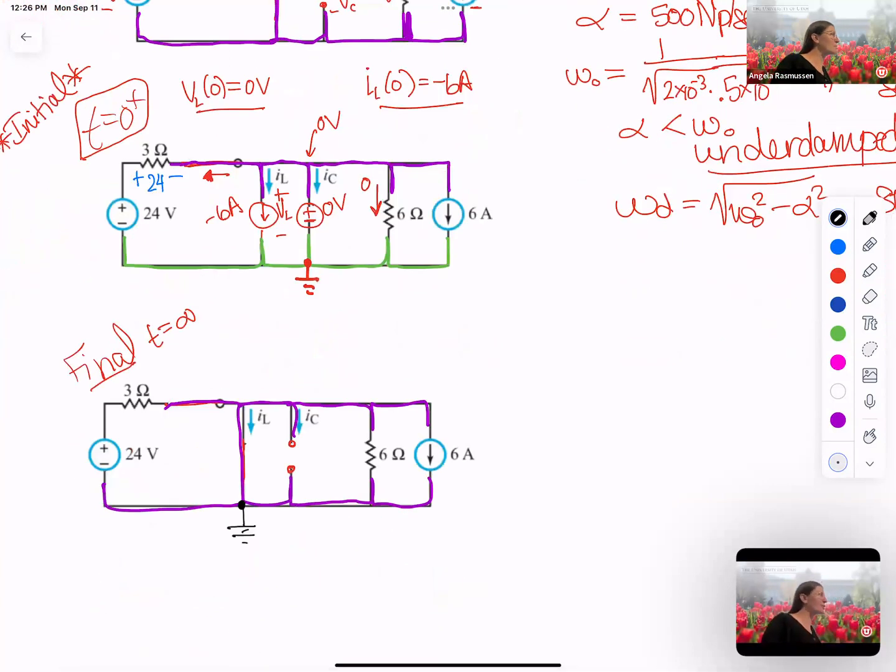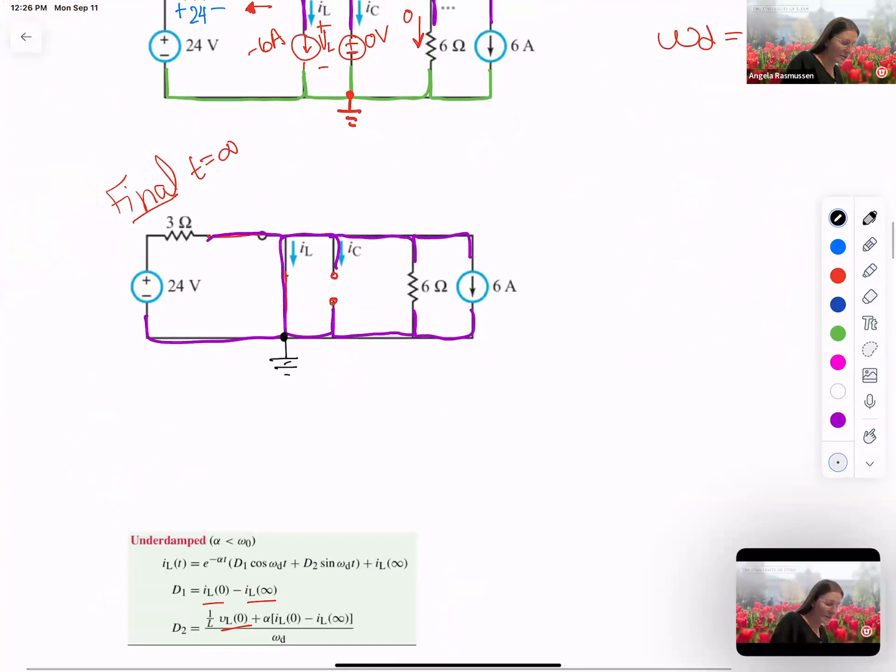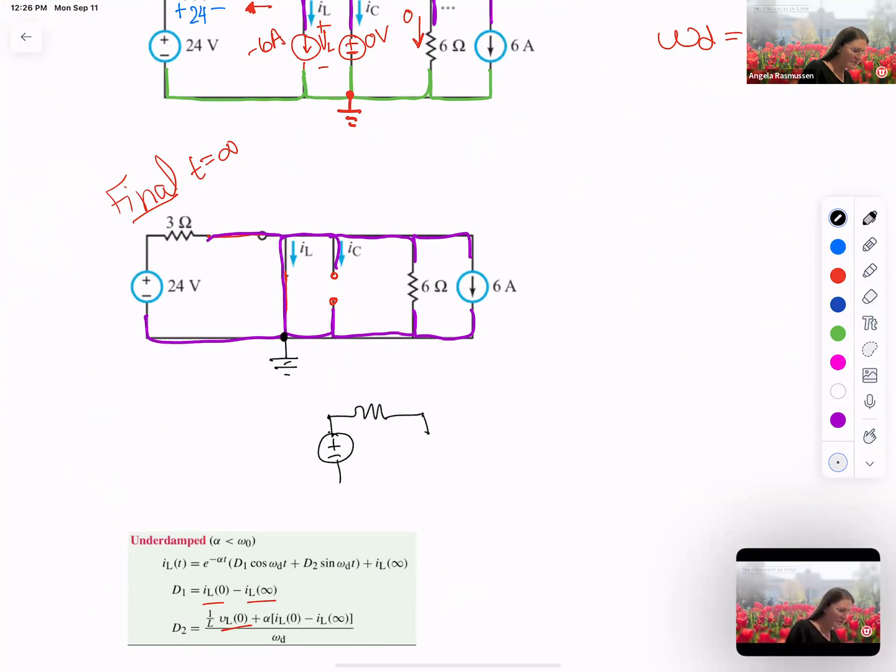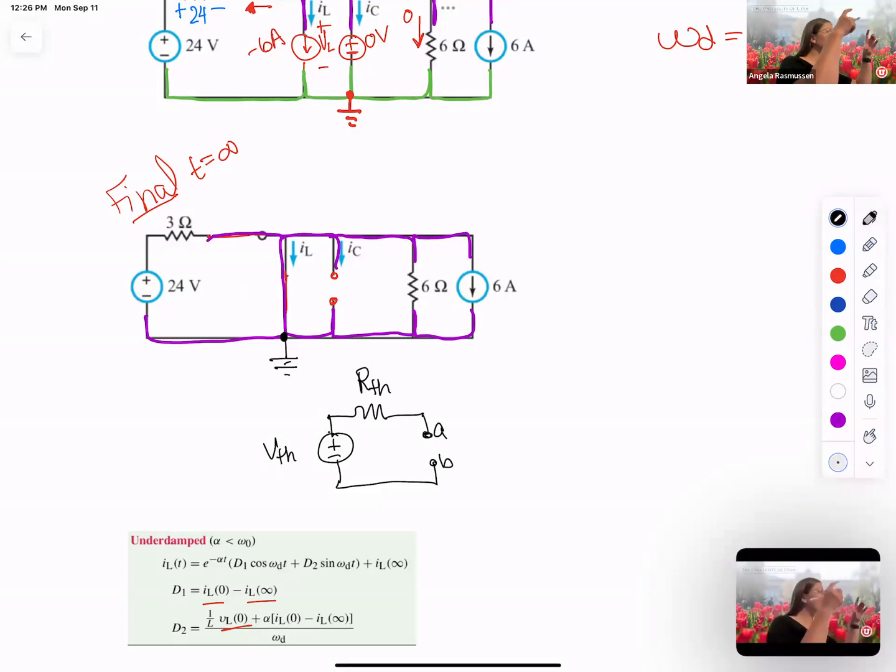Okay. So this one looks a little bit more complicated to figure out what IL infinity is. So for these, I usually suggest making a Thevenin equivalent of the circuit. And then from there, I find it easier to solve. So for the Thevenin, we are wanting a voltage and a resistance. And in this case, A and B are going to be where the inductor and the capacitor are.